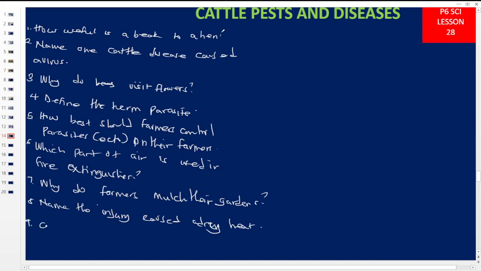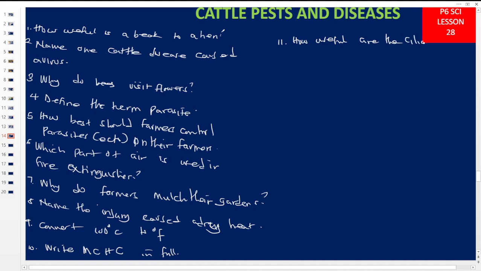Number 9. Convert 100 degrees Celsius to degrees Fahrenheit. Number 10. Write MCHC in full. Number 11. How useful are the cilia found in our nose?